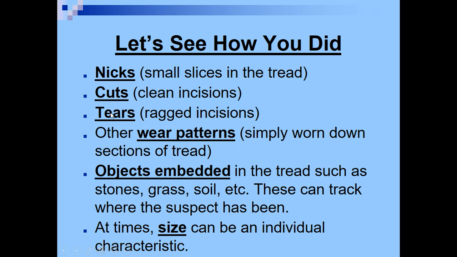So there may be tears, which are ragged cuts, or cuts, which are clean incisions, or even little nicks, small slices in the tread. Again, because different people walk in different places, their shoes are of different ages, and they all walk somewhat differently. That is gait, the way you walk, and it creates different wear patterns on the tread.